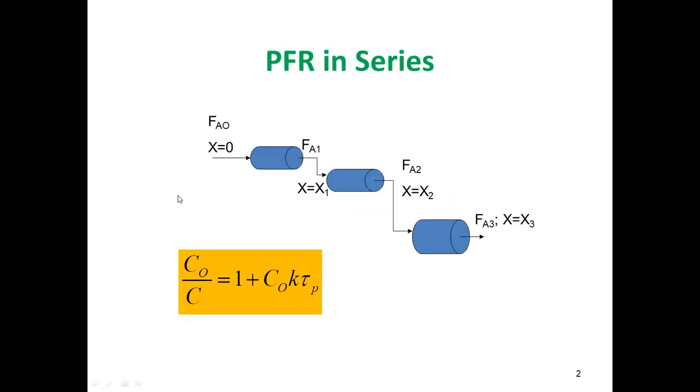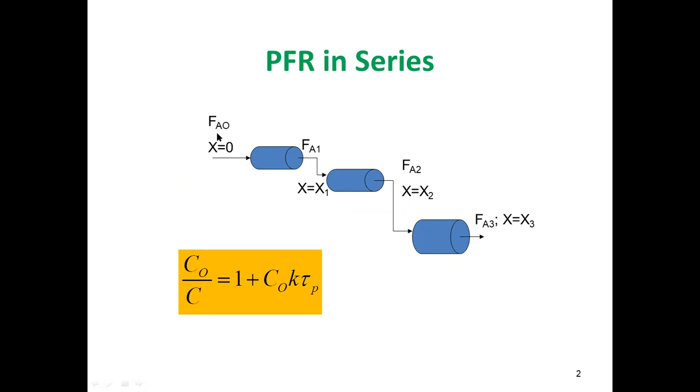starting with the plug flow reactor in series. So if we have a series of plug flow reactors, this is how we represent the molar feed rates and the conversion of each of the streams that come in and out of a particular reactor.